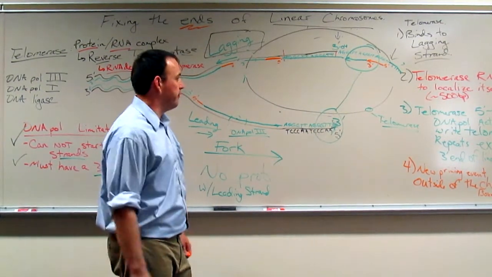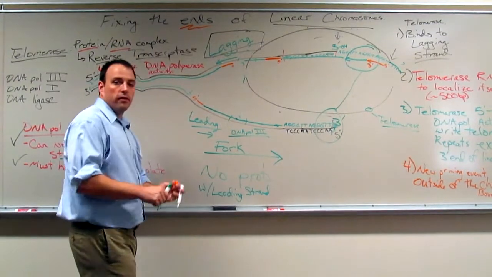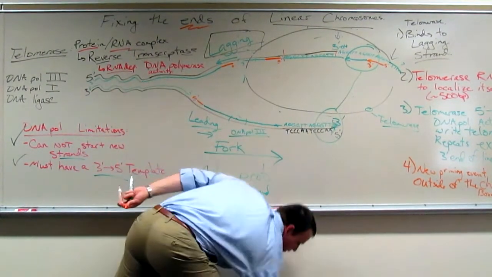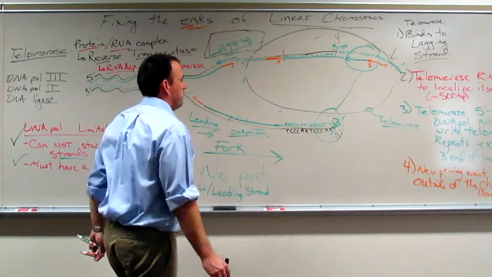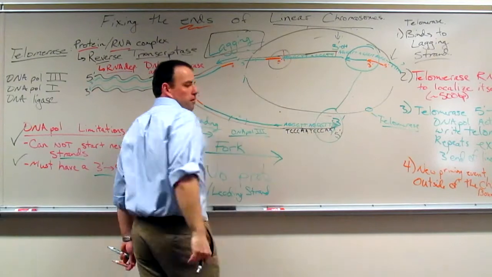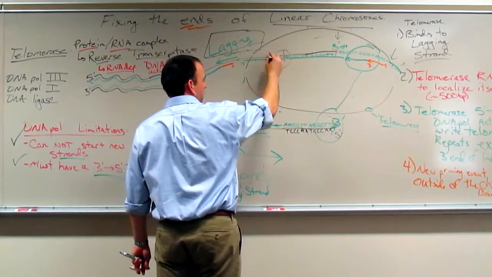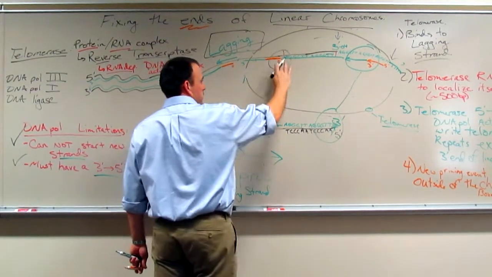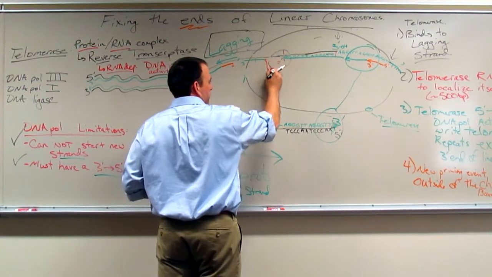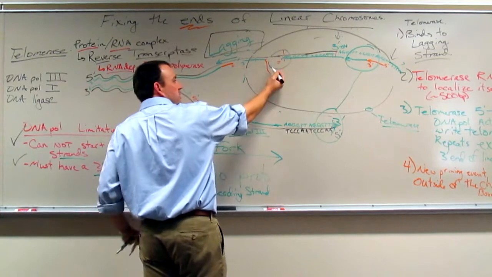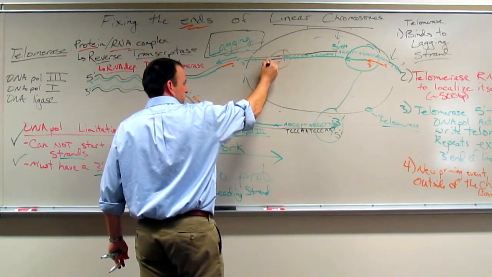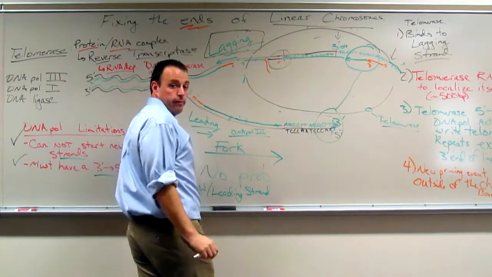So, what are we left with? We're left with a space for DNA polymerase 1 to come back, bind to our RNA-DNA hybrid, our Okazaki fragment, and use its 5' to 3' exonuclease activity to excise the RNA primer and fill in DNA in the 5' to 3' direction.